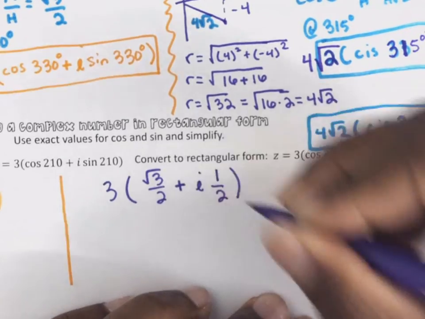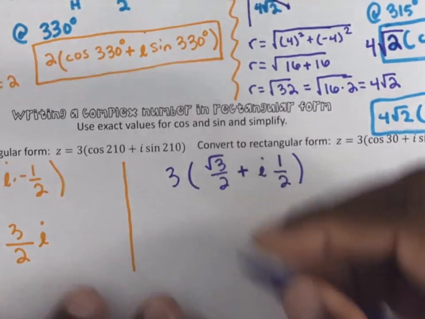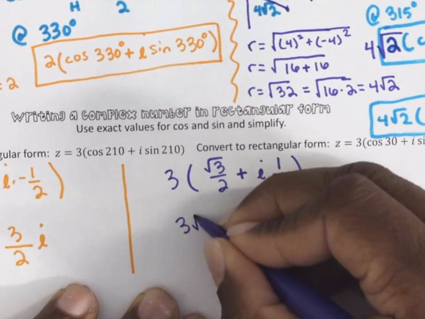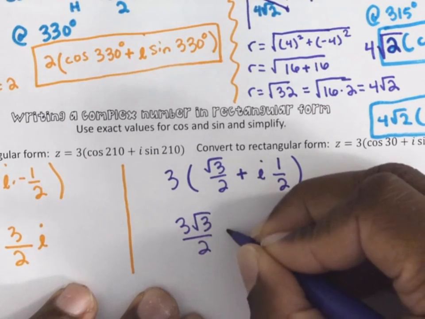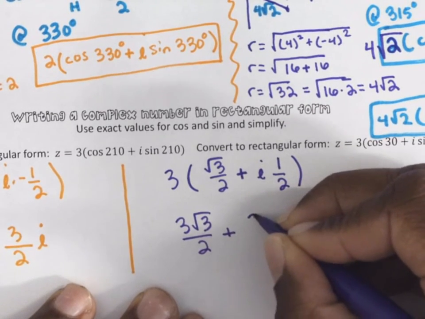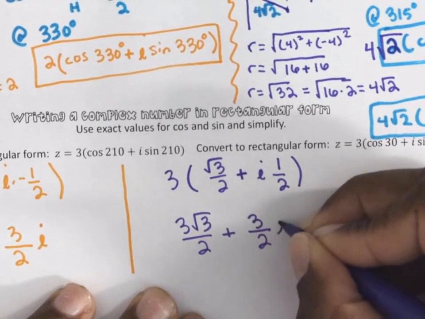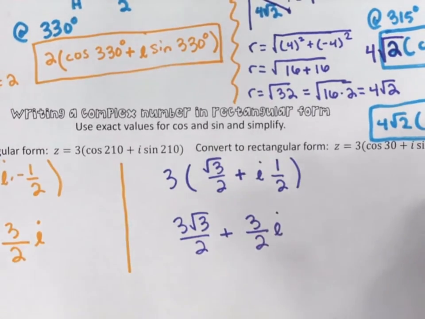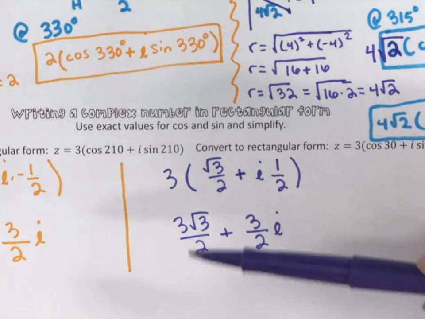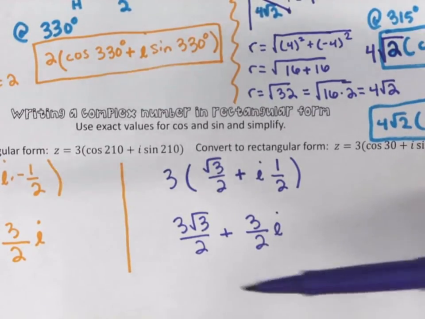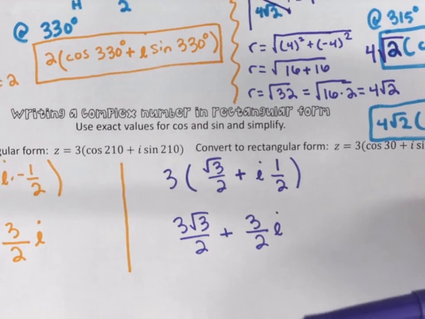So it's the same answer but positive? Yep, the signs are different. So this would be 3 root 3 over 2 plus 3 over 2I. That's it. If these numbers cancel, like with the other ones, if this was 4 over 2, you would cancel them and you get something else.